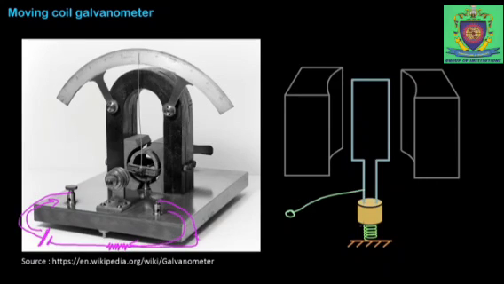When the current is passing through this particular galvanometer, what happens? So let us pass the current. When the current is passing through the two terminals, from positive to negative, the current is flowing in this particular direction through your coil, where you can see in the diagram, correct?